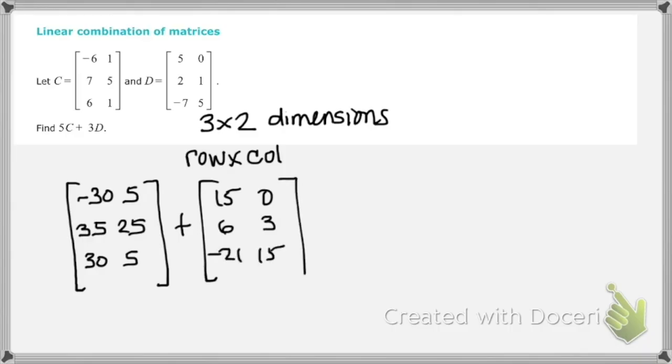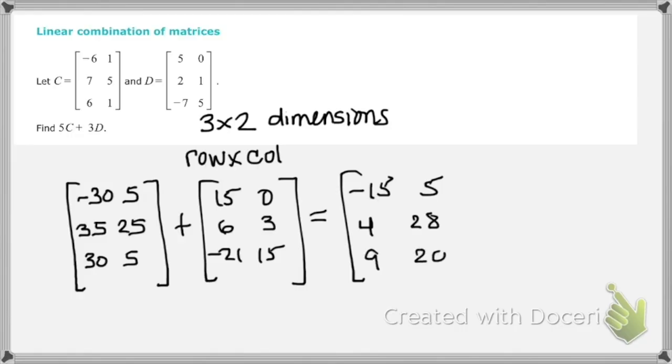And we add them. Just saying, add those two matrices. Just like we did in the previous addition problem, we add each of the elements. 30 plus -21, 9. 5 plus 15, 20.